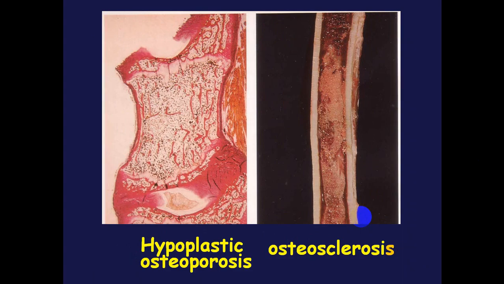So this osteoporosis can be caused by hypoplasia, okay, hypoplasia of the osteoblast in here. So therefore, the formation of bone is not so active.